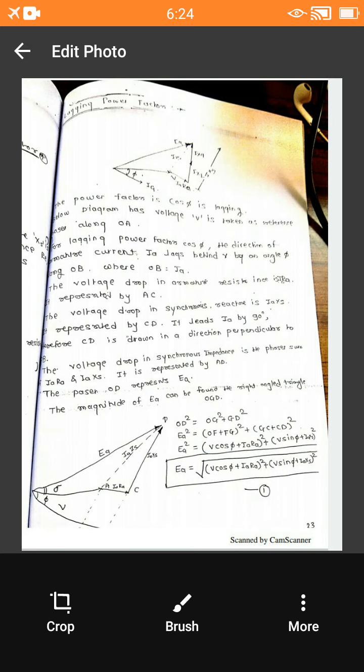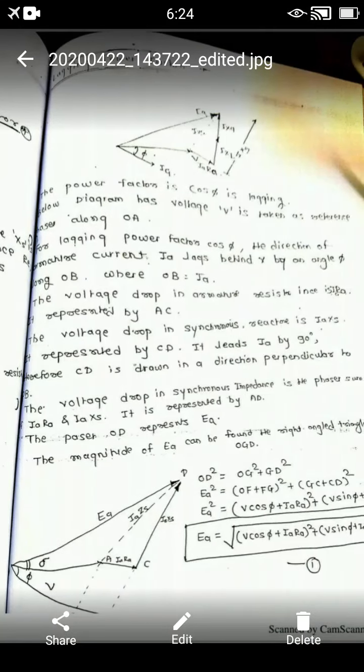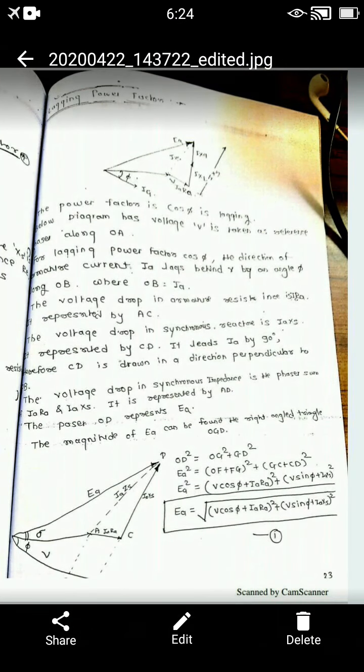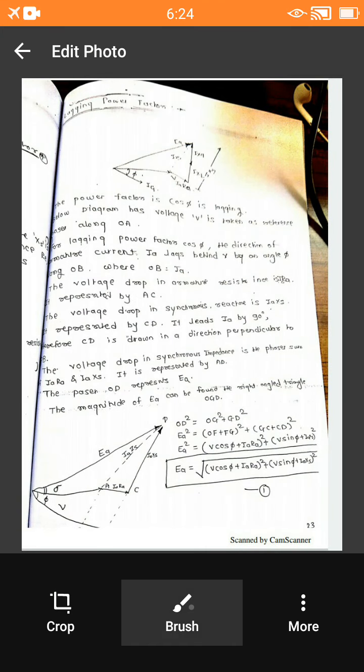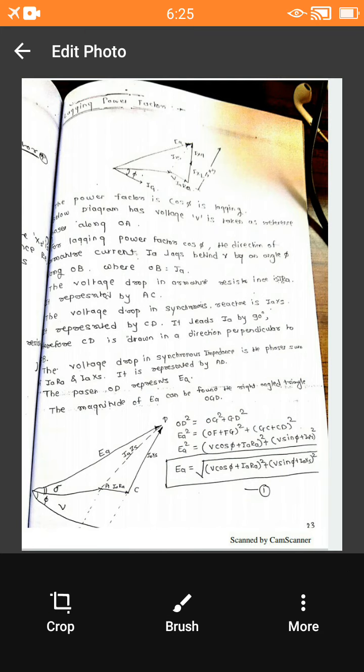OD is equal to EA, so EA square is equal to OG, which is OF plus FG, whole bracket square, plus GC plus CD, bracket square. So it is from trigonometry.